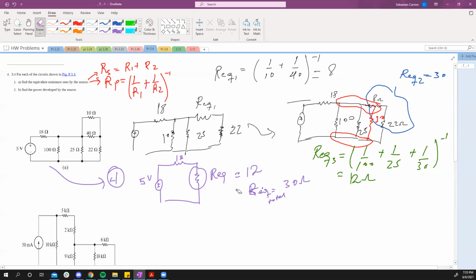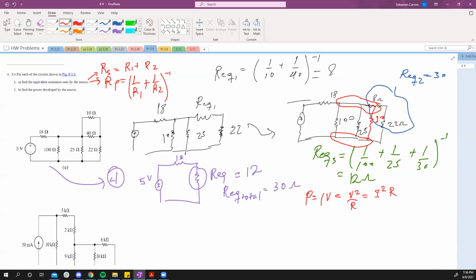I'm going to rewrite that really quick because it doesn't look pretty. Okay, so the power developed by the source. We have 3 formulas for power. Power can be I times V, V squared over R, or I squared times R. In this case, we have the voltage and the equivalent resistance.